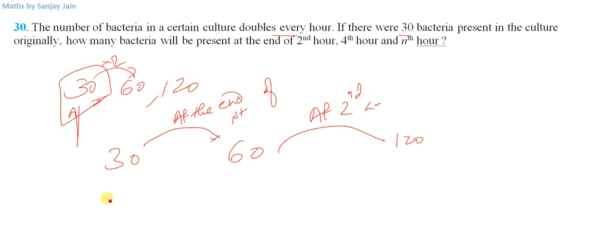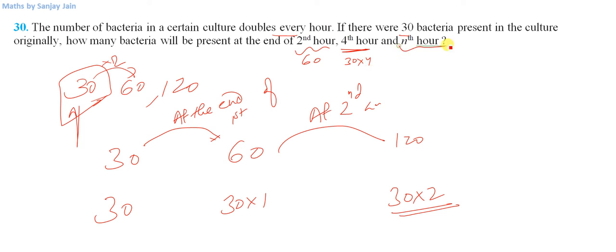That means 30 you had originally, 30 into 1 at the end of first hour, 30 into 2 at the end of second hour. So this much you have obtained. The answer to this part is 60, right? So at the end of fourth hour, it will be 30 into 4. At the end of nth hour, it will be 30 into n. This is how it is.